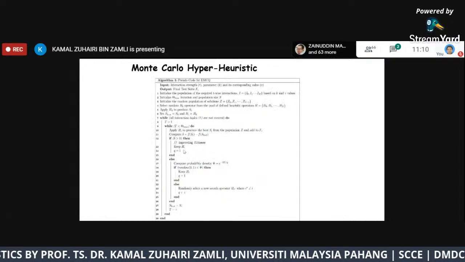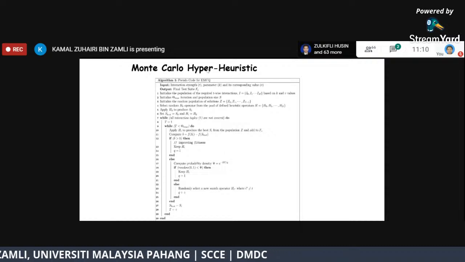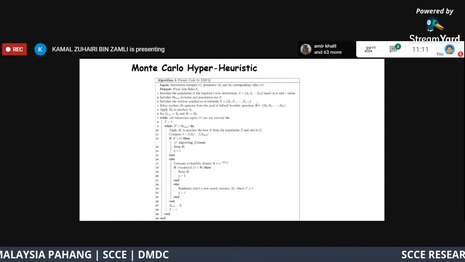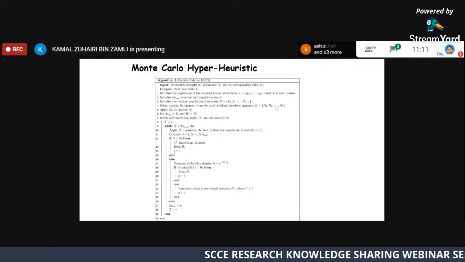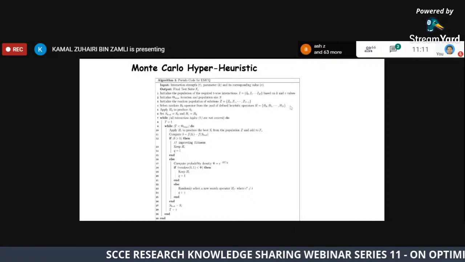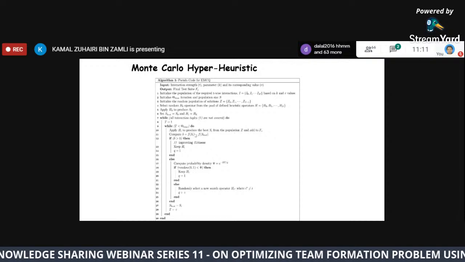Okay, this is an example of our work we did. Monte Carlo hyper-heuristic, where now, if you look at this, this is the meta-heuristic that we're controlling. When you do this, anybody familiar with simulated annealing? It's very similar to annealing.